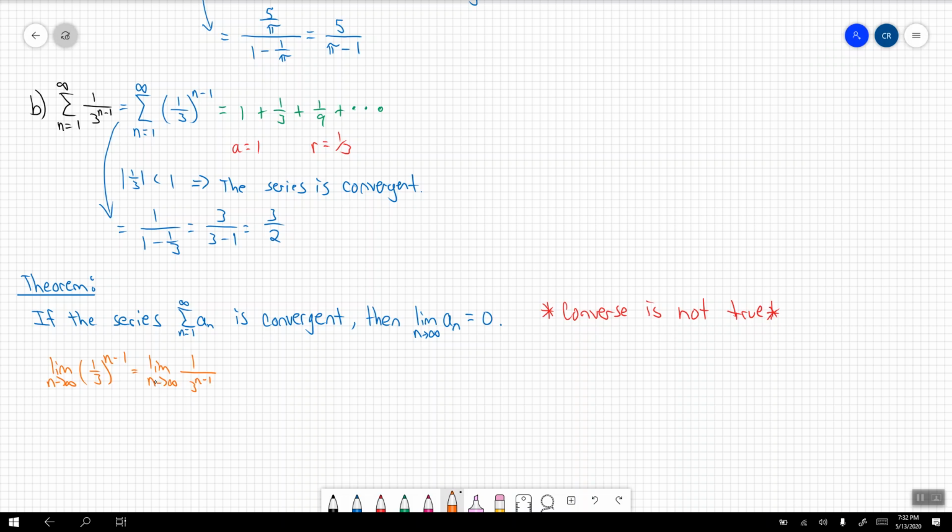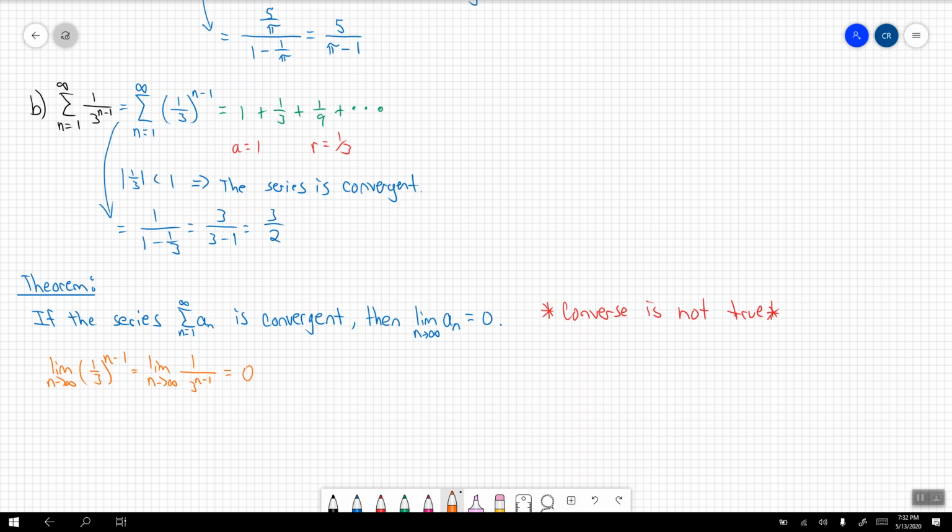Notice as your n gets very large, this denominator is just going to get larger and larger, which means the overall fraction is going to tend to 0. And that's exactly what this says here: if you look at the series and you find that the series is convergent, then the limit for that function automatically becomes equal to 0 as n goes towards infinity.